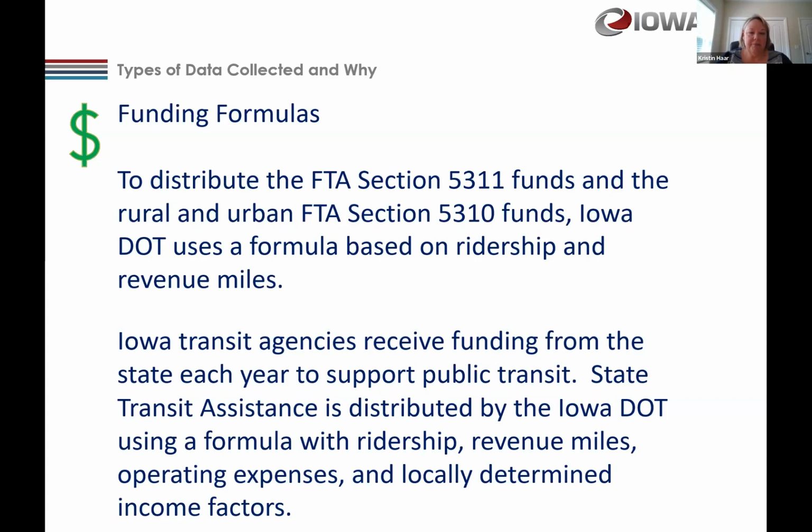And then we also use it to distribute our state money. We do have a little bit of state transit assistance funding that we distribute using a formula that actually uses ridership, revenue miles, operating expenses, and locally determined income factors. So a couple additional factors above and beyond what we use for the distribution of the FTA funds.